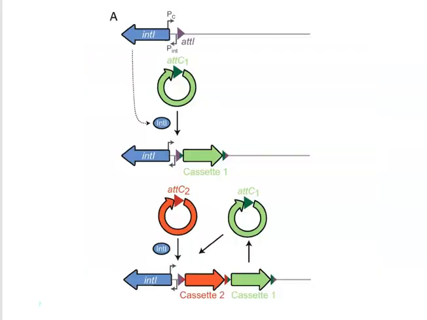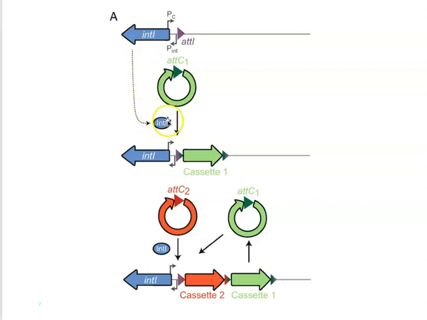So here's a representation of an integron. This leftward gene here is expressed off of this promoter, the integron promoter, this leftward promoter, and it produces an enzyme called an integrase.